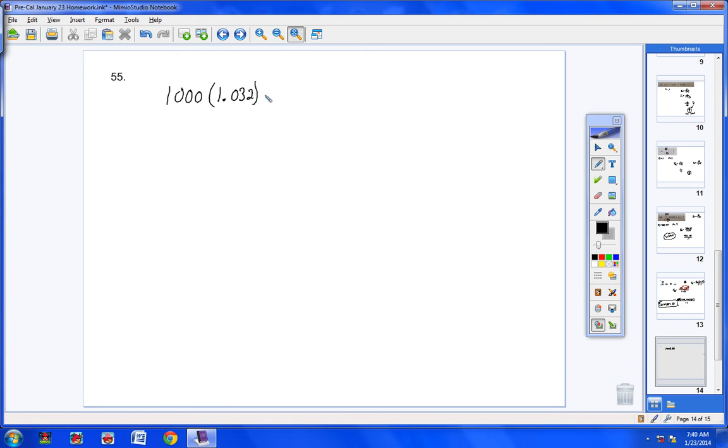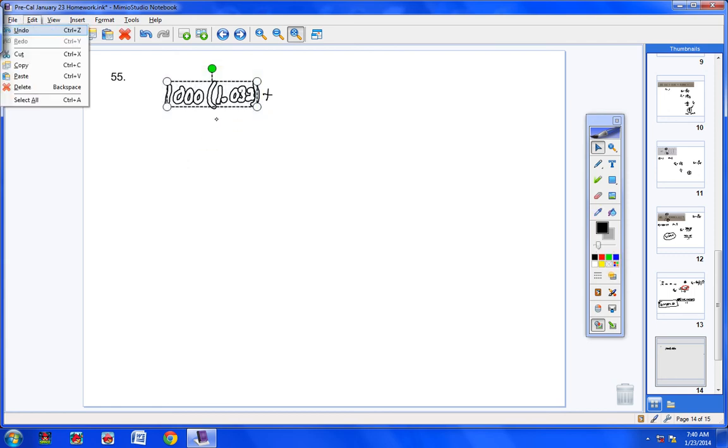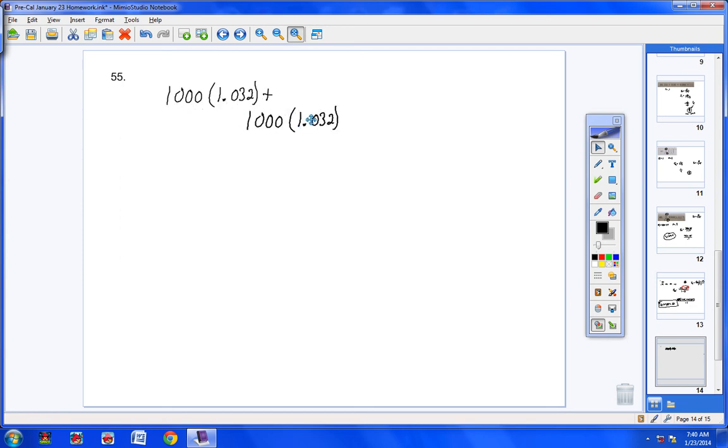Now the next year rolls around, and this same amount right here is still in the bank, but now that whole amount gets multiplied by 1.032, and this continues on and on. Okay, this continues on and on.